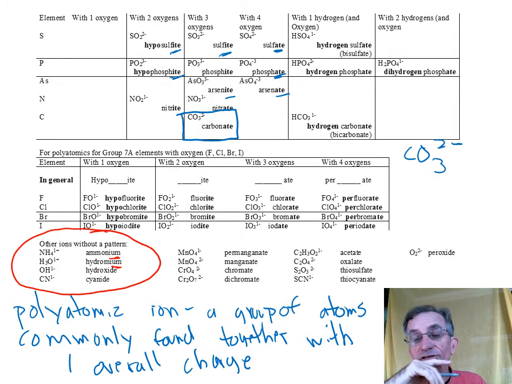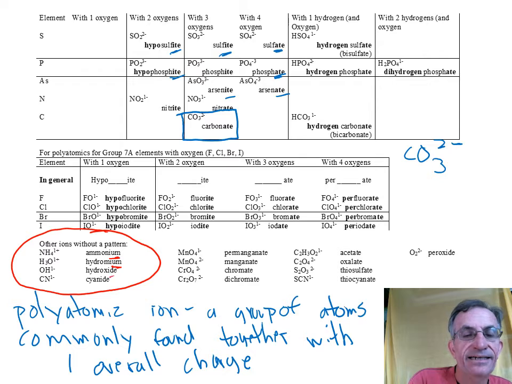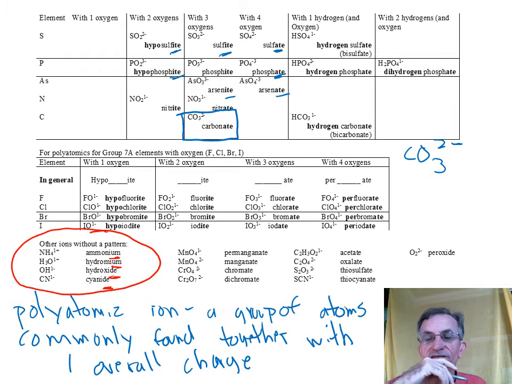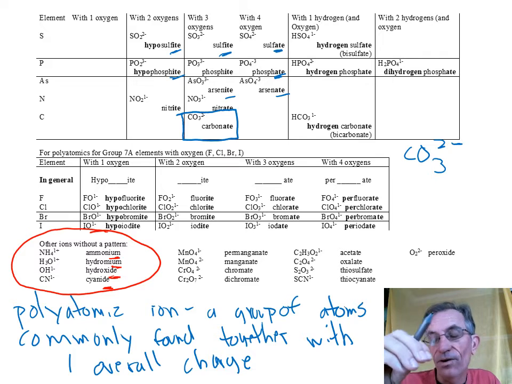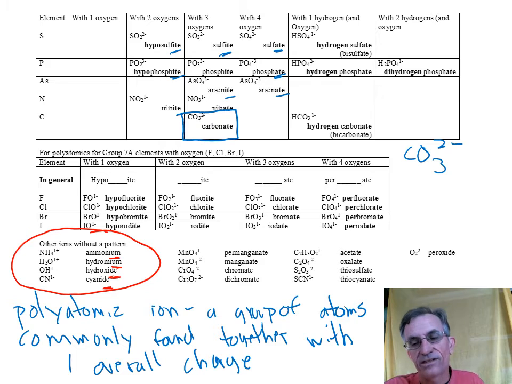And the 2 right underneath those, ammonium and hydronium, they are really weird. They end in "ide." There's a couple of exceptions to what I'm telling you. So polyatomics, 99% of them end in ATE or ITE. There's a couple that end in IUM. Those are the positive ones. And there's a couple that end in IDE, which is a little weird. Usually if it's an IDE, that's going to be something on the periodic table like you've been seeing.